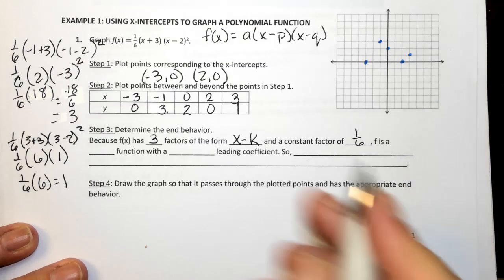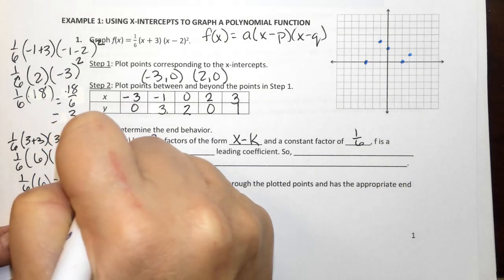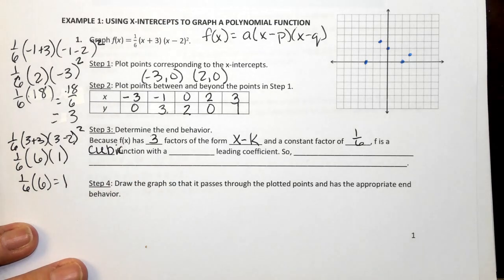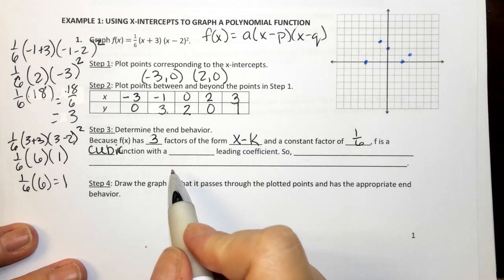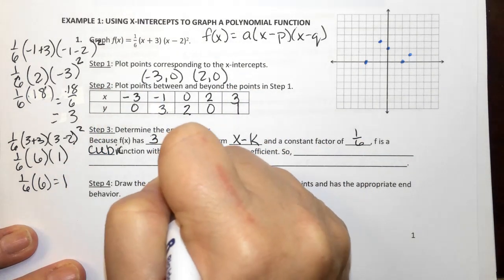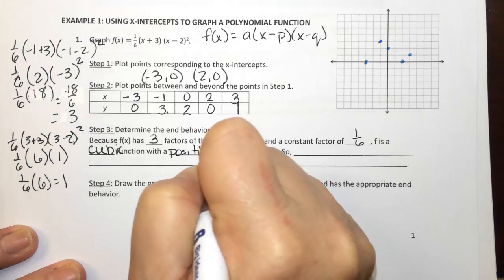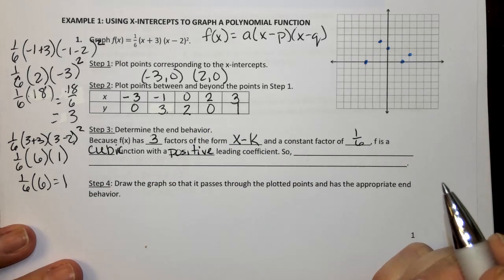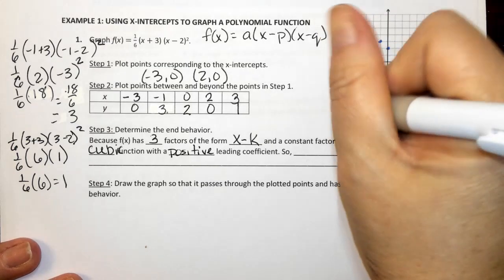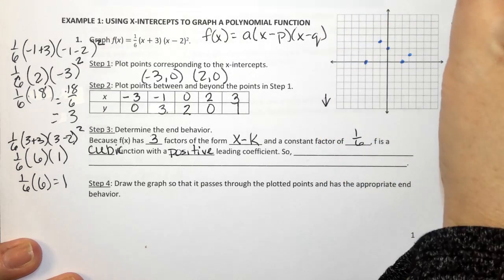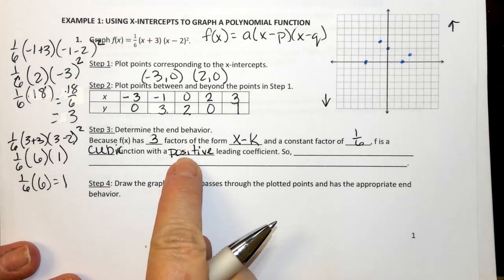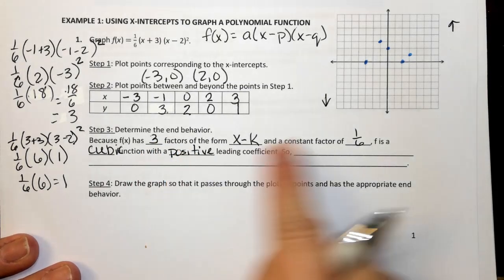F is a cubic function. So because, and this was from lesson 1, because it has 3 factors, it's a cubic function. With a, so our leading coefficient is positive. So what does that mean? That means that my graph should be going down on this side and up on this side because it is odd and positive. All right, so what is our end behavior then?